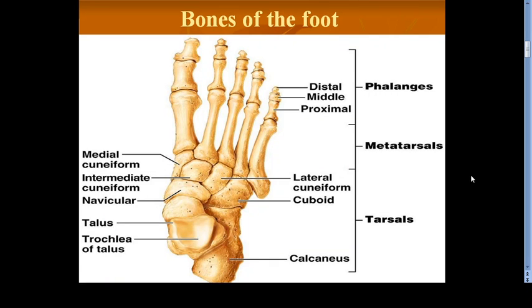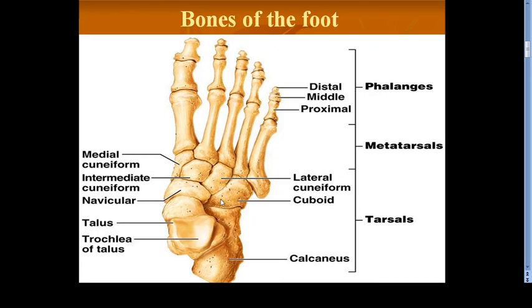So bones which you encounter in the foot, you have already studied that the one which is going to form the heel portion is the calcaneum. The one which is going to form the ankle joint, which articulates with the inferior surface of tibia, is the talus. In front you can encounter a boat shaped bone, that is the navicular.